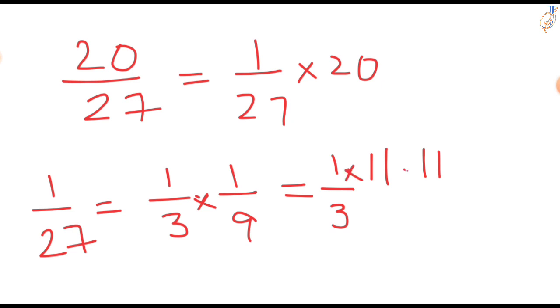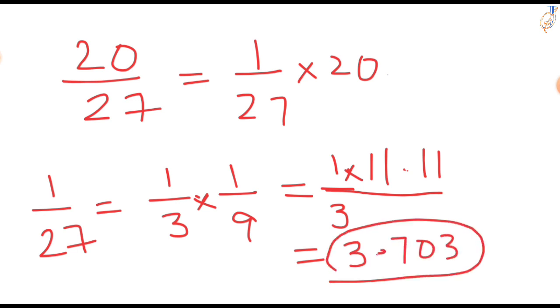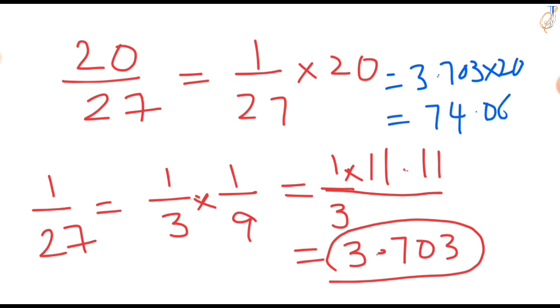Do this 11.11 percentage divided by 3, we will get 3.703. So after this, multiplying 3.703 times 20, we will get 74.06 percentage. Like this, simply solve, you can convert these fraction values into a percentage.